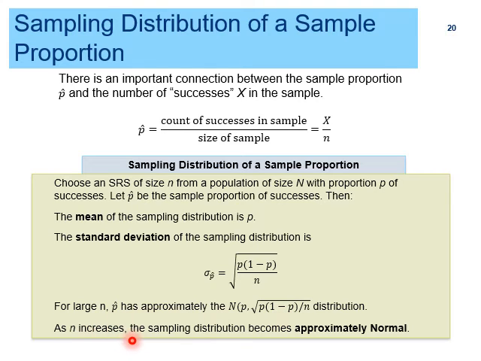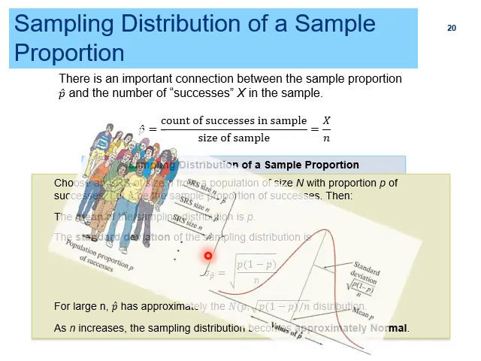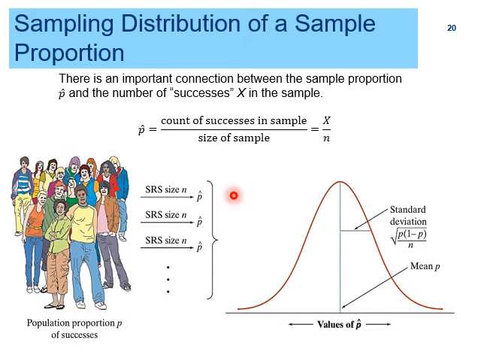As n increases, the sampling distribution becomes approximately normal. So in this figure, we can see the standard deviation is root of p into 1 minus p divided by n, whereas the mean is p. And here we can see the values of p hat.